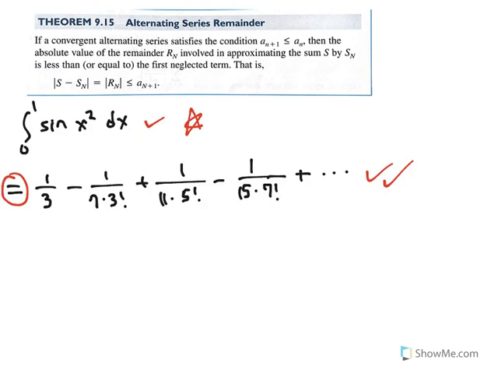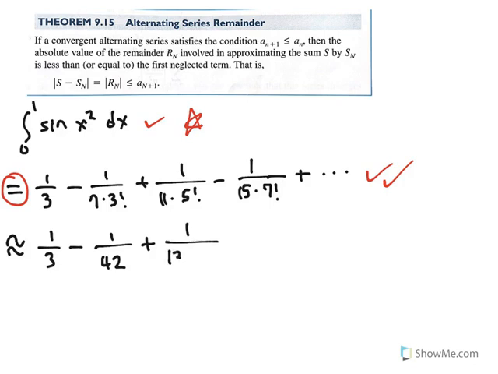But we want to approximate that sum by using a partial sum. And then we will use the alternating series remainder theorem to know the accuracy of our approximation. So we will, for example, use the sum of the first three terms. So we will approximate our infinite sum with the third partial sum, which would be what you see here.